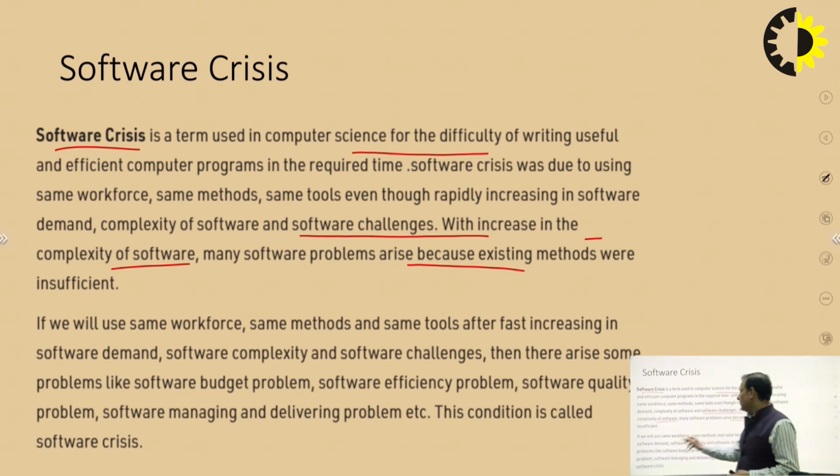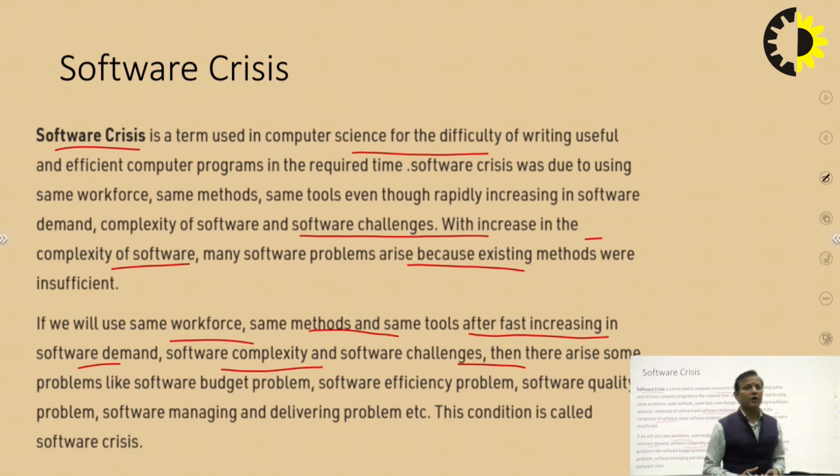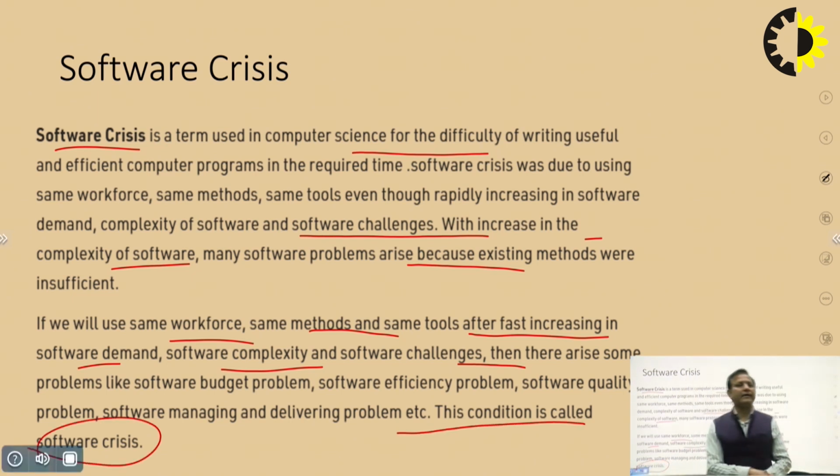We use the same workforce, no technical improvement in development, the same methods, and the same tools while developing software, but the demand, complexity and challenges grow. Then problems arise, like budget problems, efficiency problems, quality problems, managing and delivering problems, etc. These conditions we generally call a software crisis.